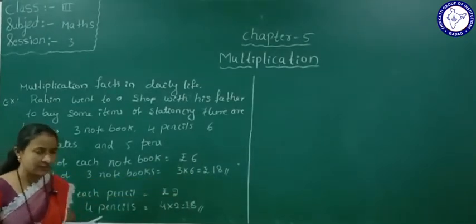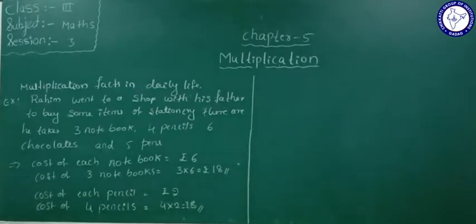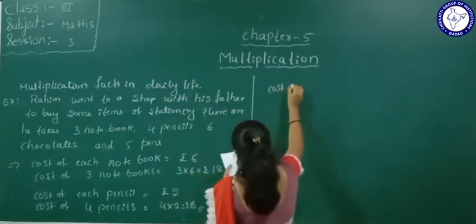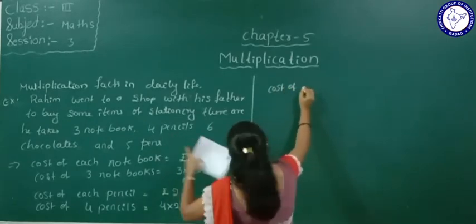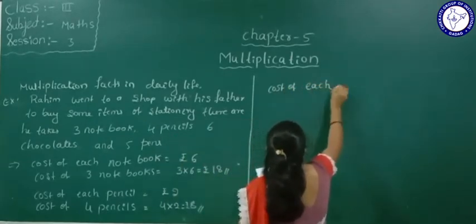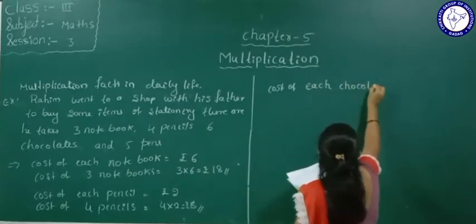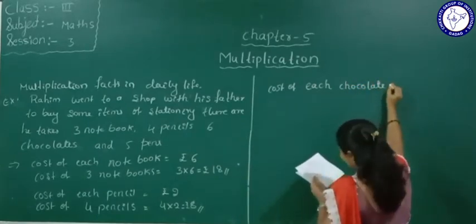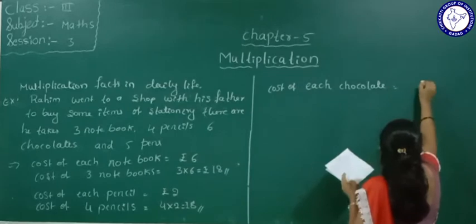Next one, chocolates. Cost of each chocolate is rupees 1.